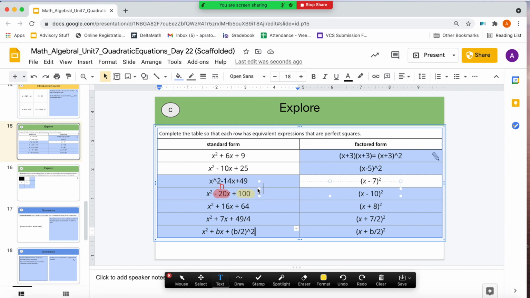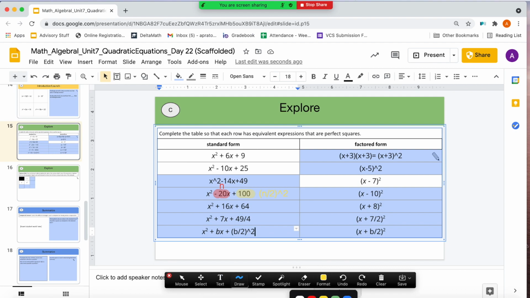And then I'm going to label this as n divided by 2 squared. And then I'm going to write n over 2 to represent this negative 10 here.